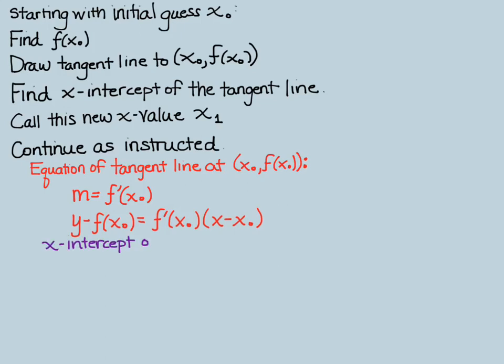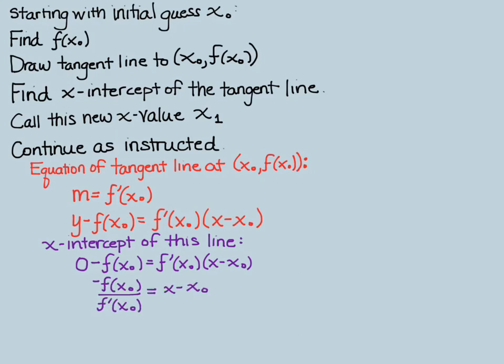In order to find the x-intercept, we set y equal to 0 and solve for x. So we can divide both sides by f prime of x naught, and then add x naught to both sides. So we have that x equals x naught minus f of x naught divided by f prime of x naught. And this is our new guess.